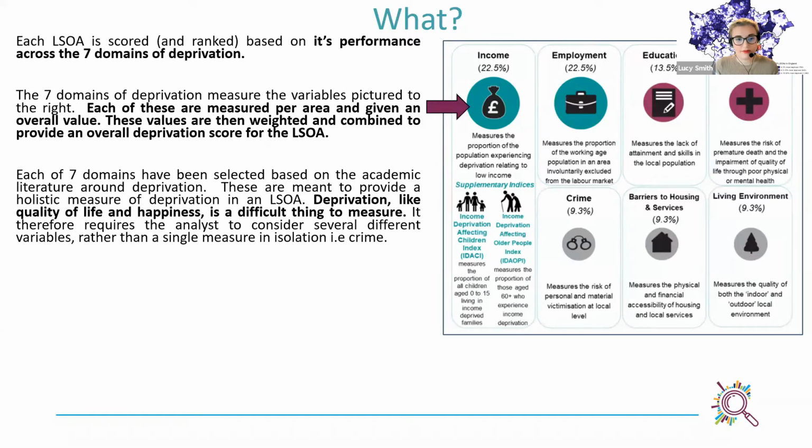The reason why these have been selected is pretty ambiguous, to be honest, from the IOD website, but there is a reference, obviously, to the academic literature surrounding these things.